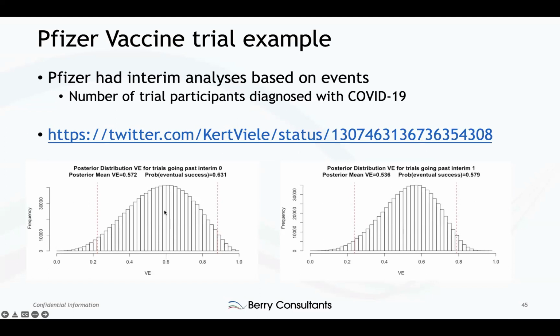So not enough time to go through this in detail. But if this were your prior distribution on the treatment effect, which here is really the vaccine efficacy, you can see if I get past interim 1, these two distributions don't change that much.